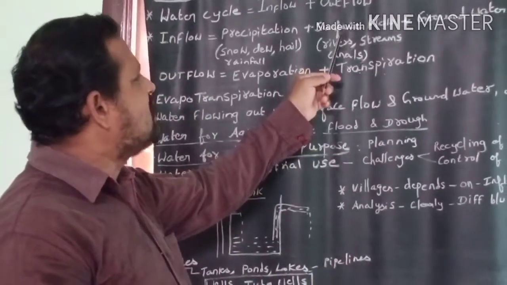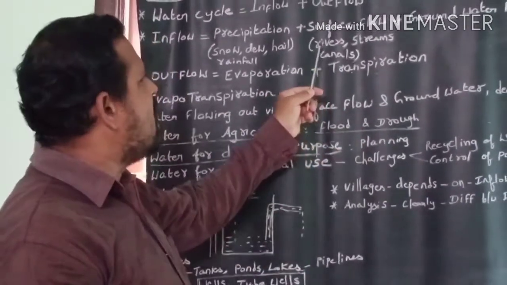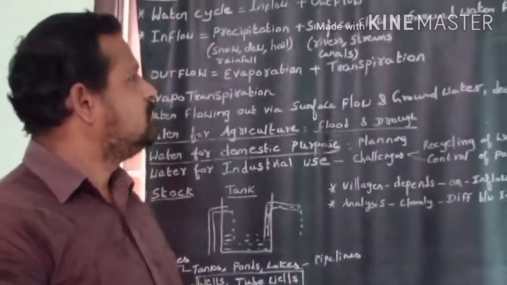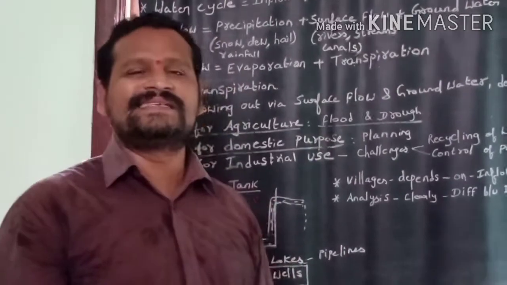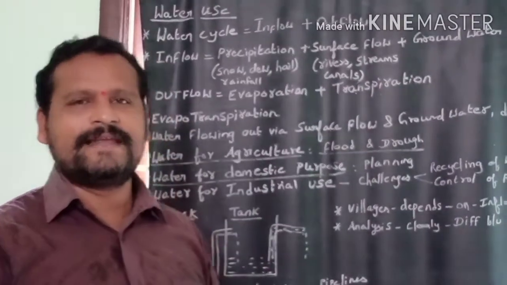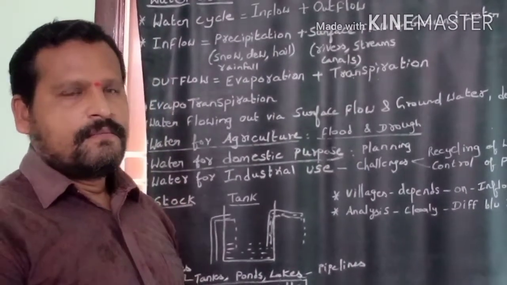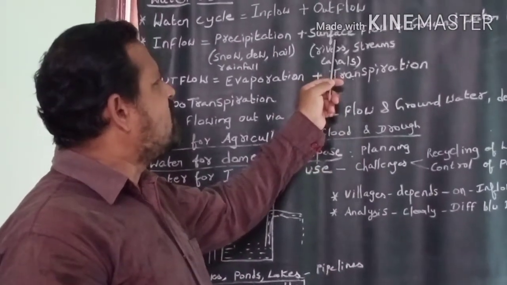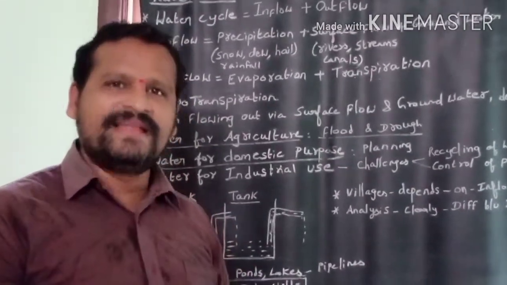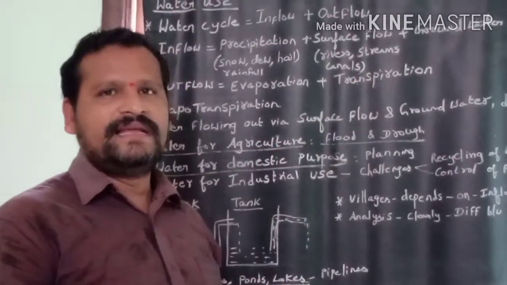Multiply the area of surface flow, like rivers, streams and canals, by rainfall intensity and divide it by 3660 to convert the surface flow rate into liters per second.